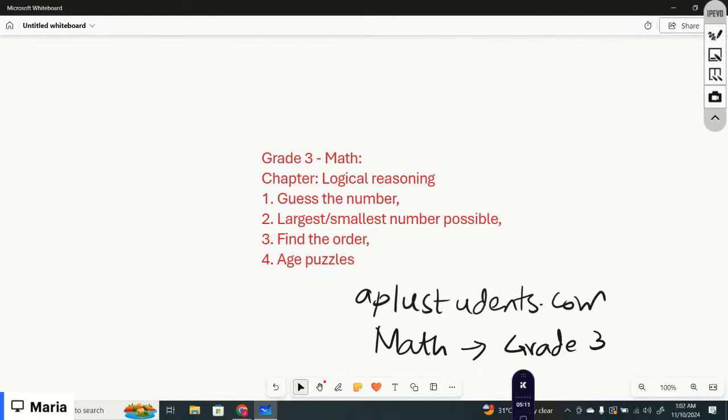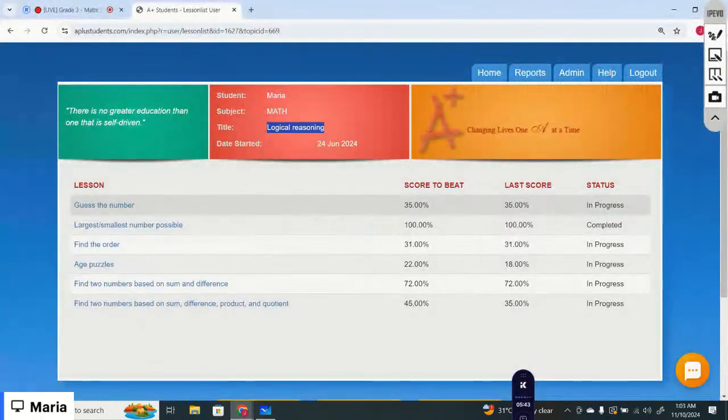Keep your notebook and pencil ready so that you can note down the important examples and definitions as well. On grade 3 math, the chapter right now is logical reasoning. Let's just start with the first lesson, that is guess the number.